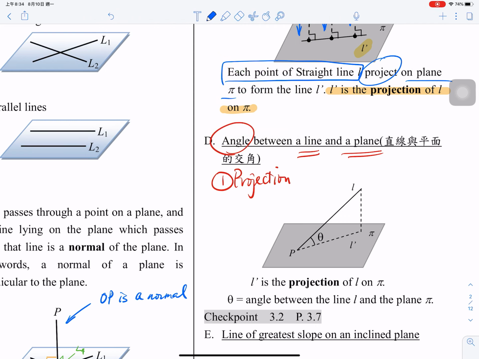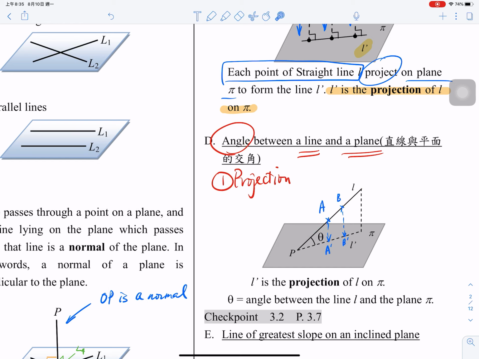That means now for L, this point projects here, this point projects here, on the plane. So point A, then A pi here, point B, then B pi here. All the points on the line L project on the plane, and we say that this L pi is the projection of L.